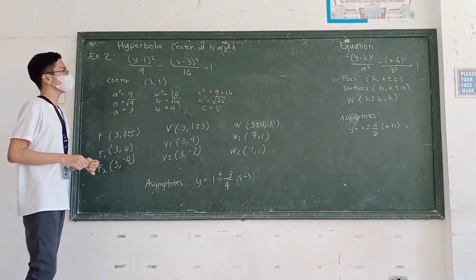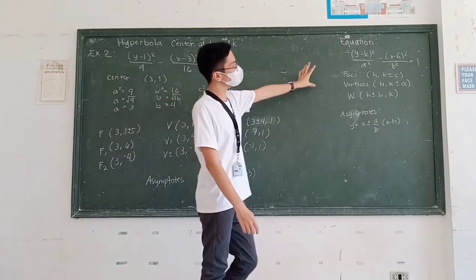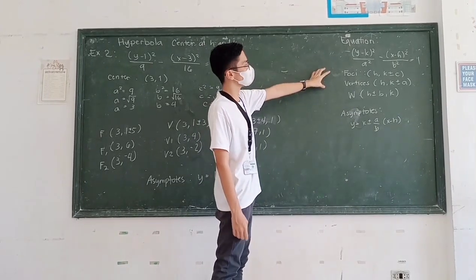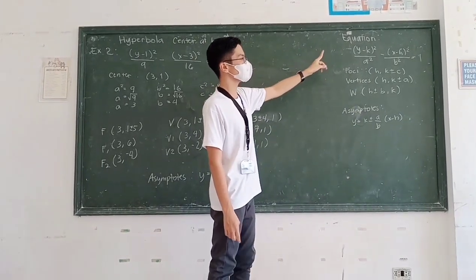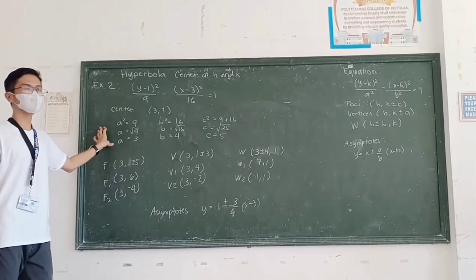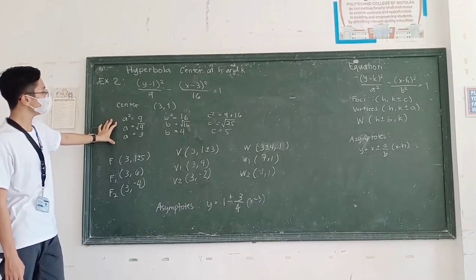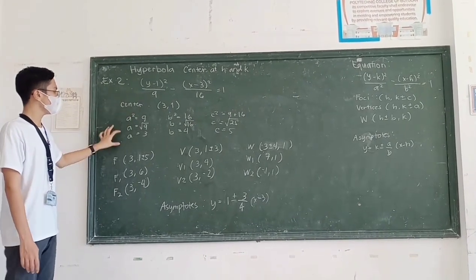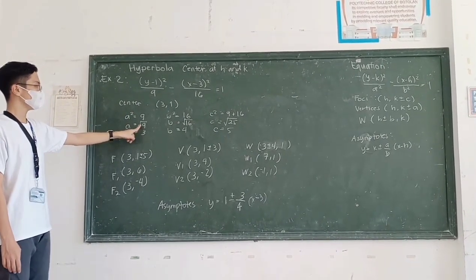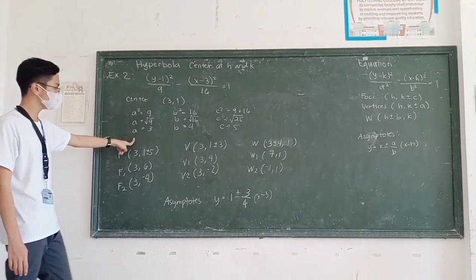The equation of the hyperbola centered at (h, k) is y minus k squared over a squared minus x minus h squared over b squared is equal to 1. To determine the value of a, we need to substitute the value of a squared. a squared is equal to 9. So a is equal to the square root of 9, and the square root of 9 is 3. So the value of a is equal to 3.